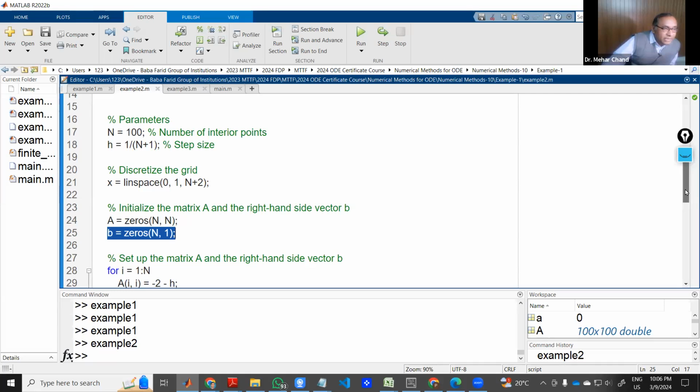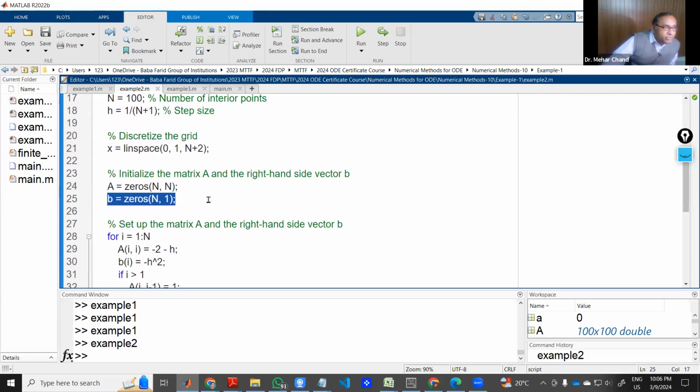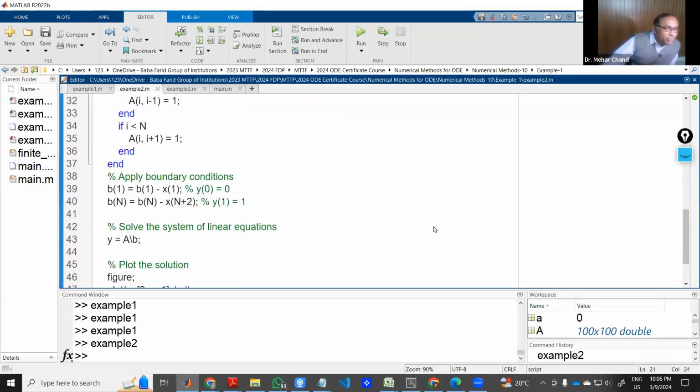So there will be 1, 2, 3 up to n, meaning 100. Corresponding to this array and this vector, the x vector's last value has index n plus 2, sorry, it is now correct. The last index is n plus 2 and for B we have n. Now it is clear.